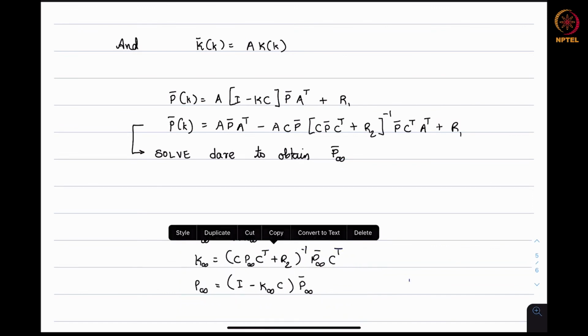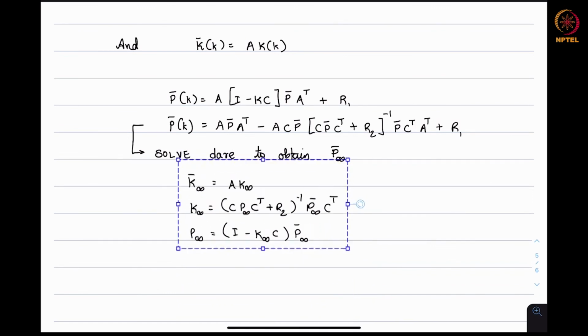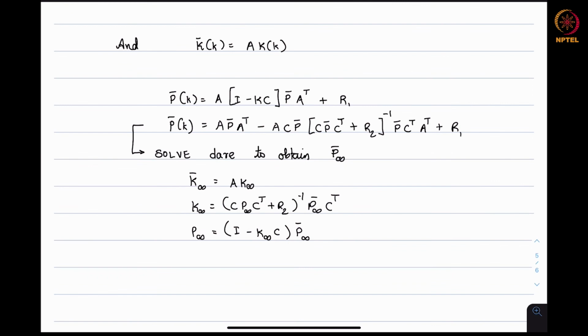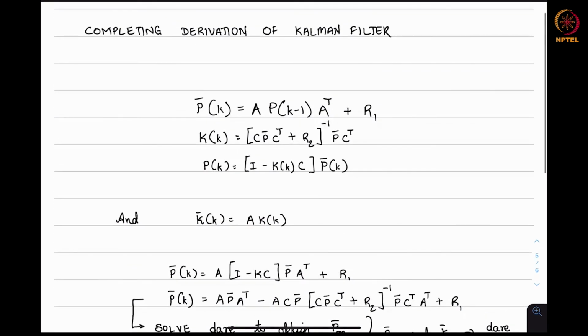This is what we are gonna get, and our P bar infinity and K infinity obtained from either DARE command, IDARE command, or Kalman command in MATLAB. Okay, so this completes the overall derivation of Kalman filter.